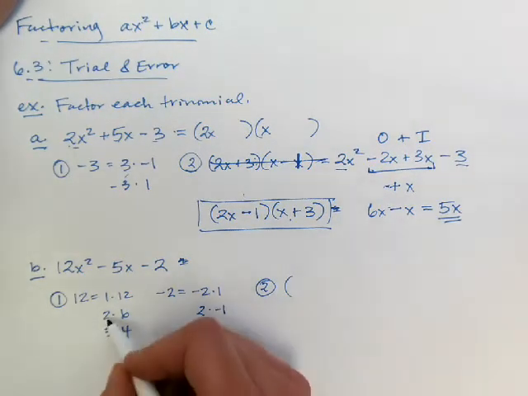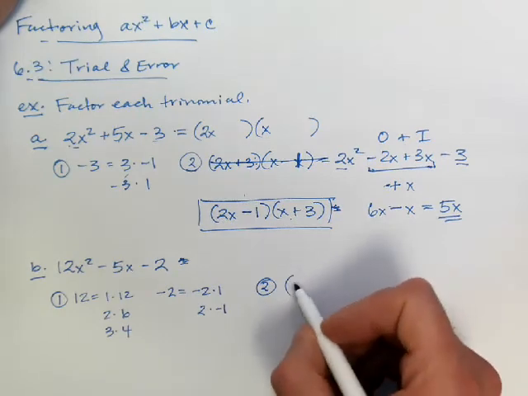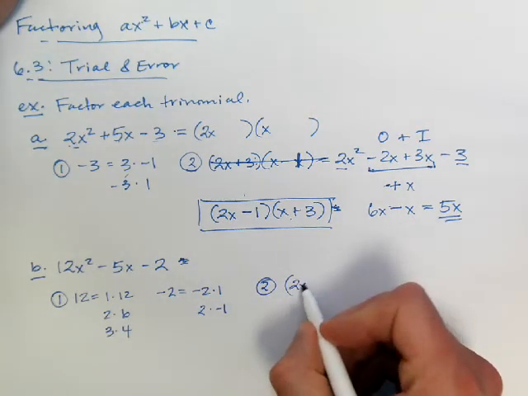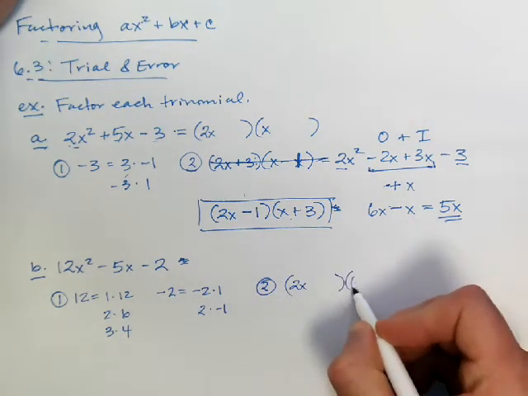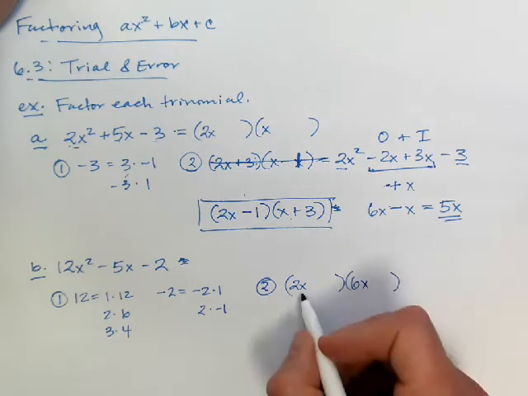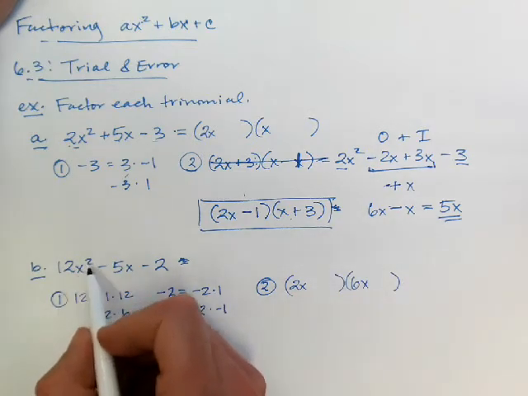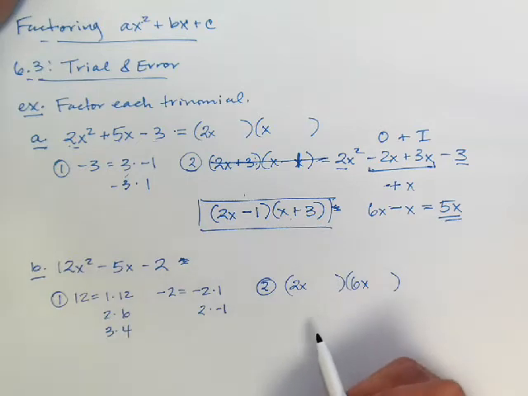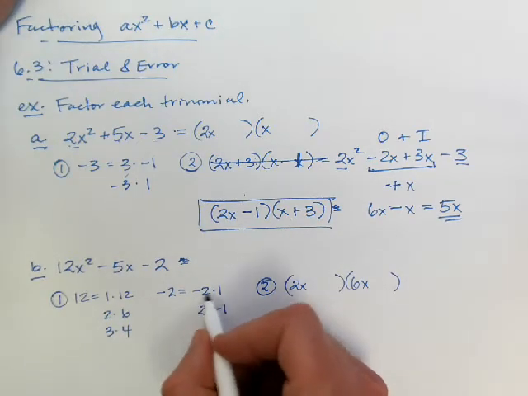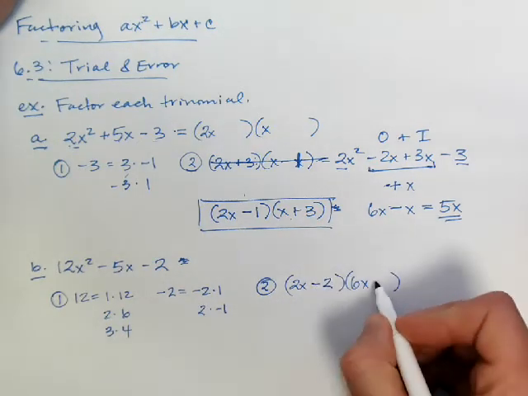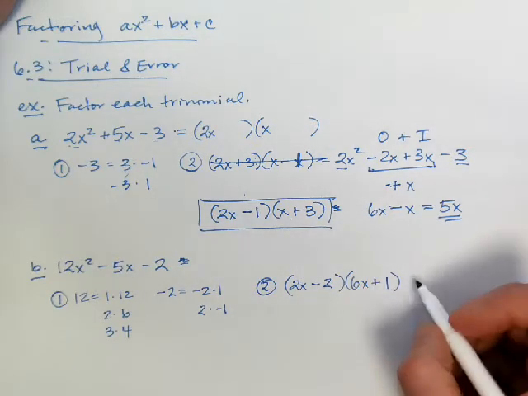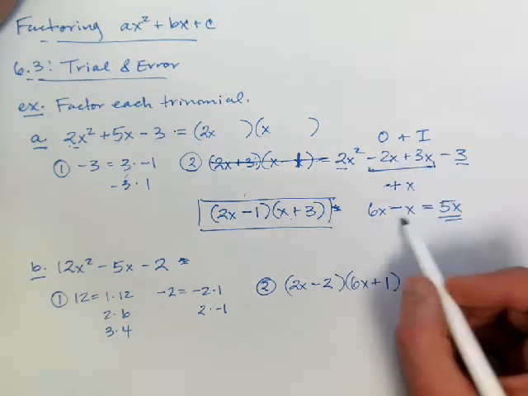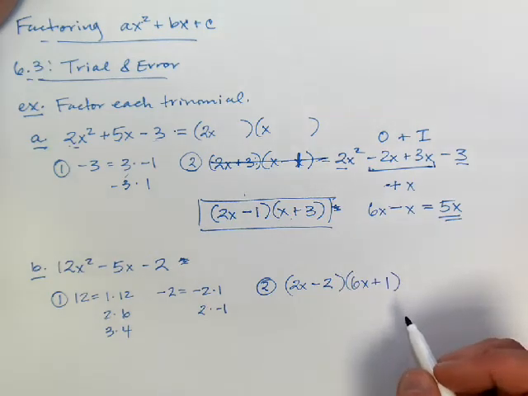So let's try 2 and 6. So that means we take 2x and 6x to get a 12x squared. And now we're going to try combinations of -2 and 1 until we get the right middle term from the O plus I step of FOIL.